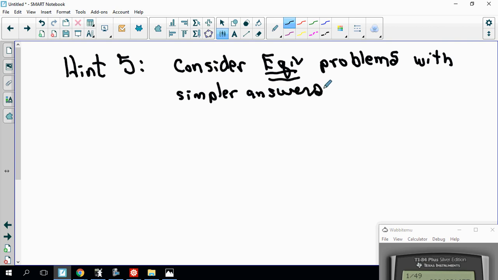So basically, alter the problem so you can get nice answers, and then realize how you work the problem and repeat it for one where you get crappy answers.